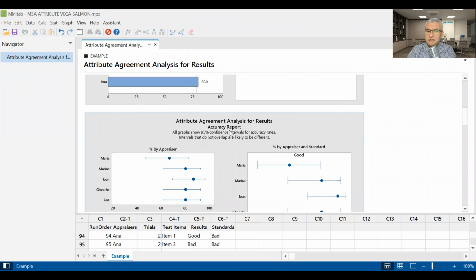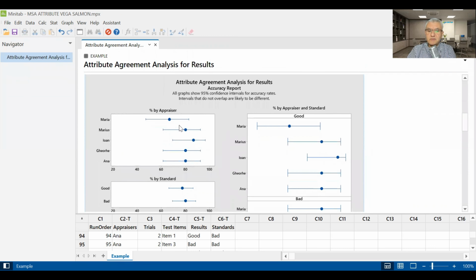And now we have attribute agreement analysis for each of them, variation of their performance. And you see here what you can expect for each of them, with a confidence of 95%. So what we expect from Maria is a 66% accuracy. Of course, she could have good days with 82% accuracy, but also she could have bad days, 47% accuracy. So again, you have the rank here, and then you have percentage of appraisers and standard.